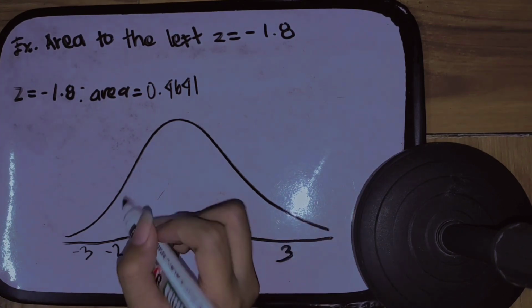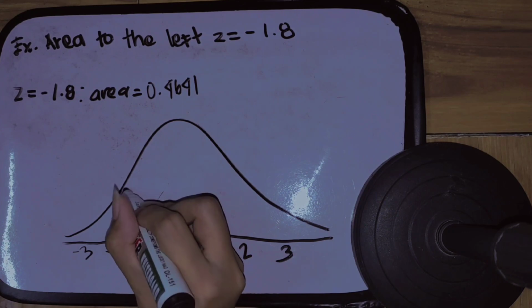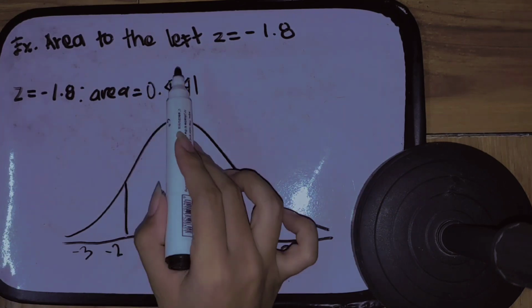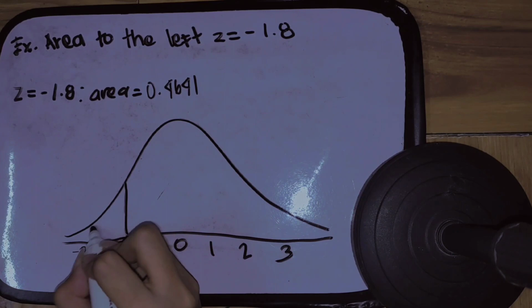Negative, so dito. And ang sabi, to the left. So, ito ang shaded part.